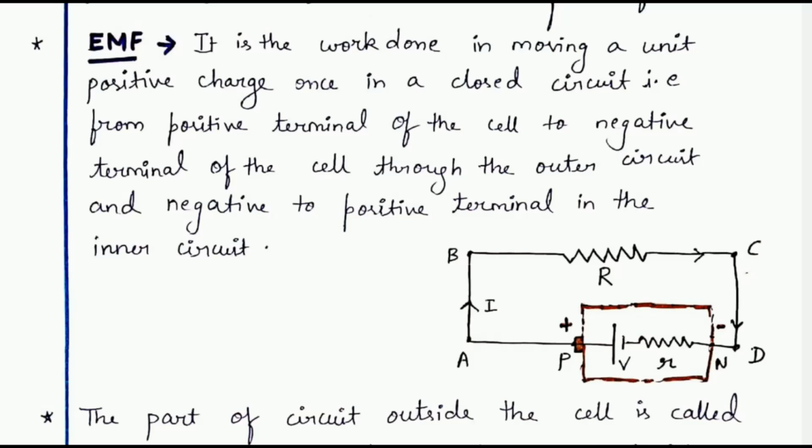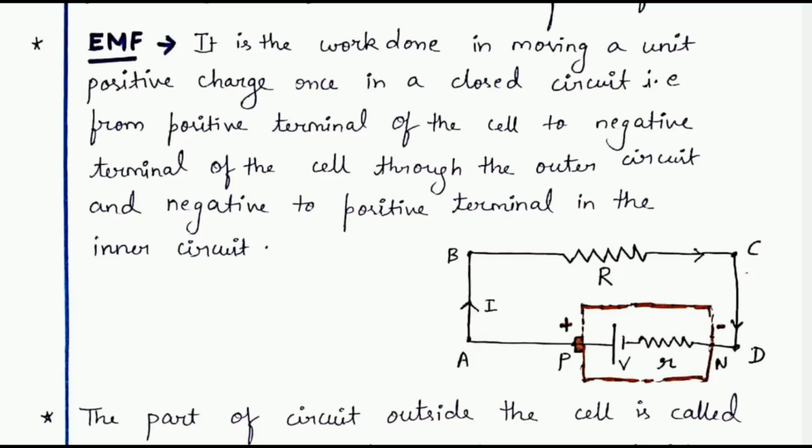As you can see here, the part of the circuit from P to N through capital R, so from P to A, then B, then C, then D, then N, is outside the cell, and hence this is called the outer circuit. And the part of the circuit from N to P through small r, that is the part inside the cell, is called the inner circuit.